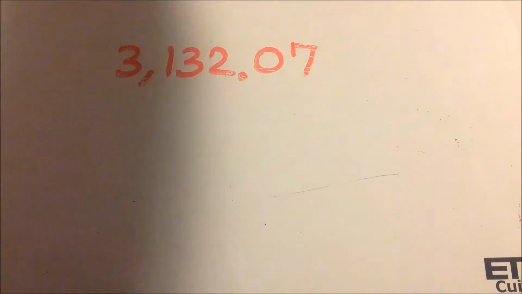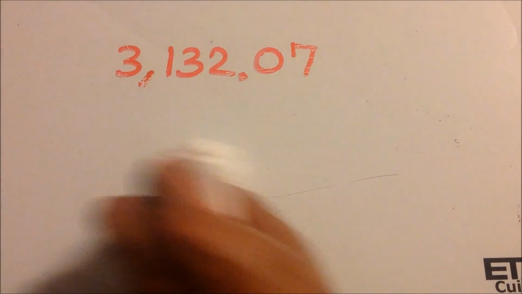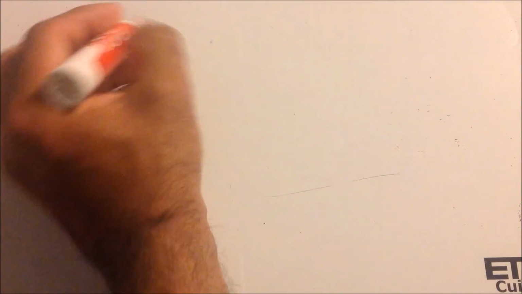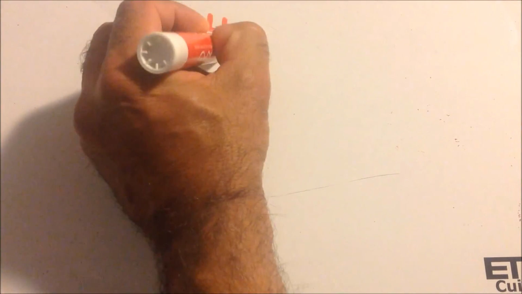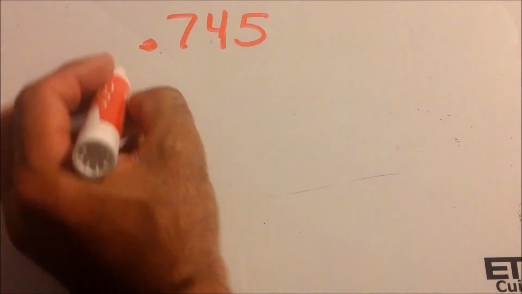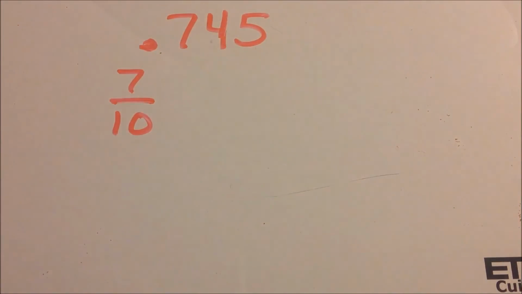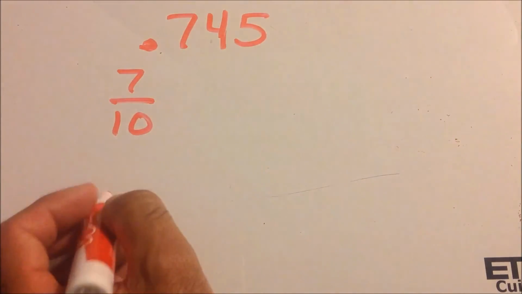So let's do, what if I had 0.745, how would you expand that? 0.745. Okay, so we have 7 tenths. That's in the tenths place. So how do we expand it?